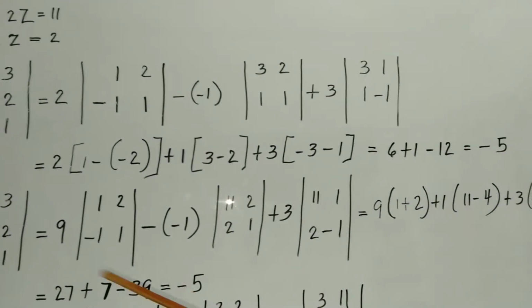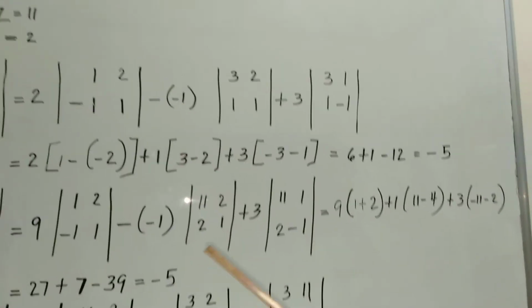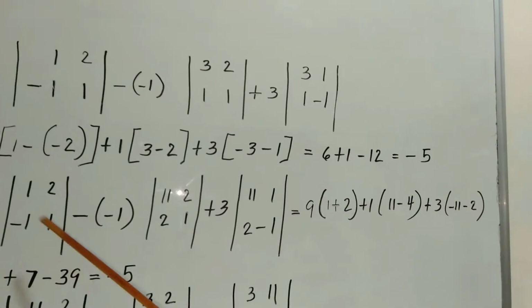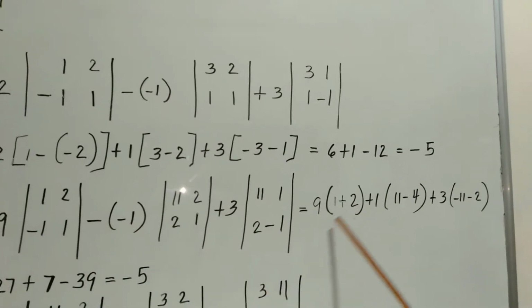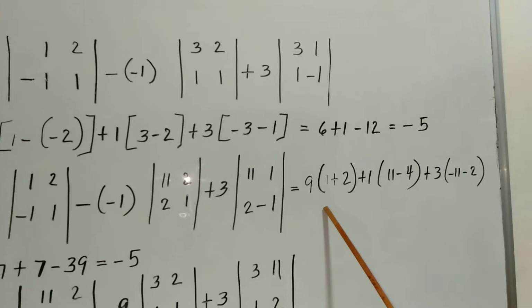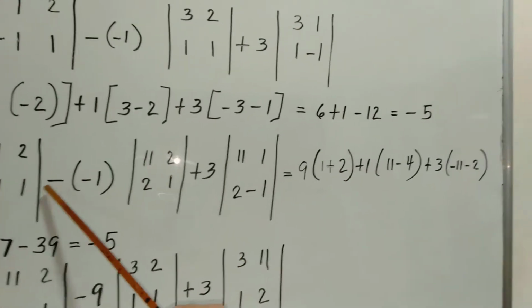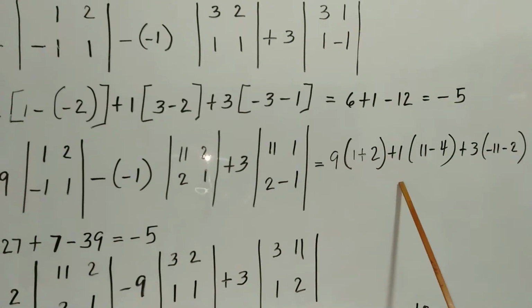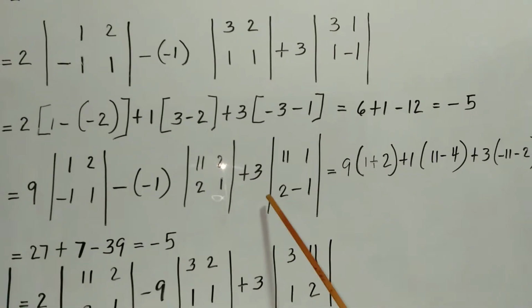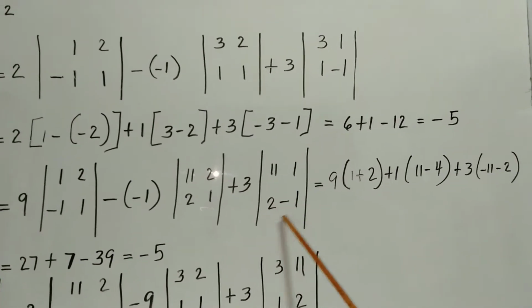And then, after expanding, we perform the operations. 9 times 1 minus 2 is equal to plus 2, plus negative 1 is plus 1, 11 minus 4, plus 3 times negative 11 minus 2.